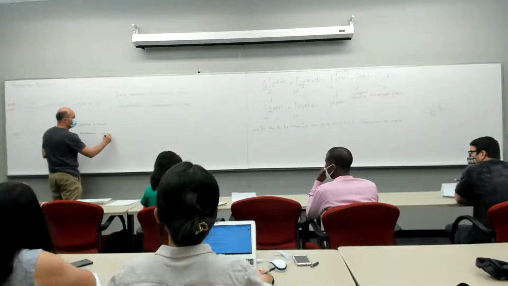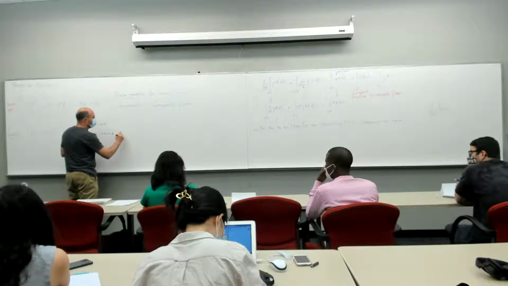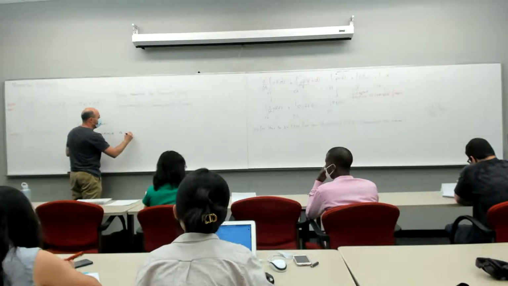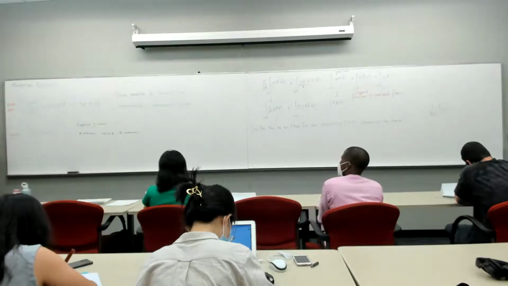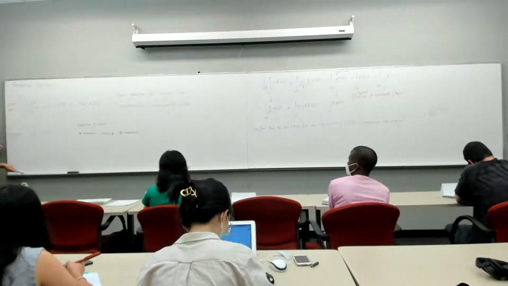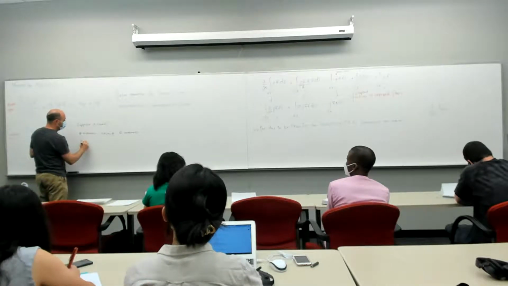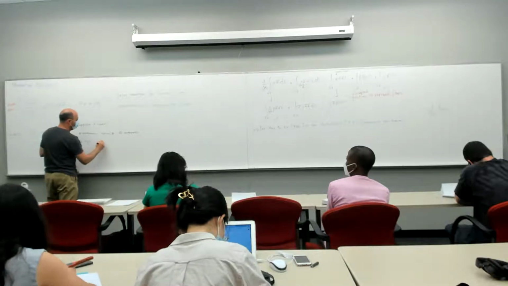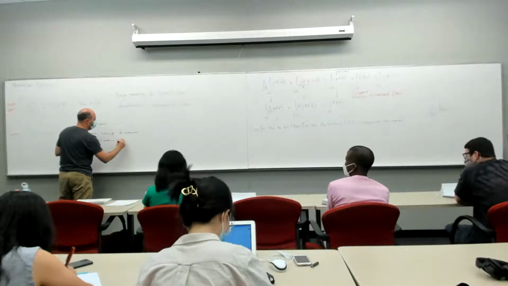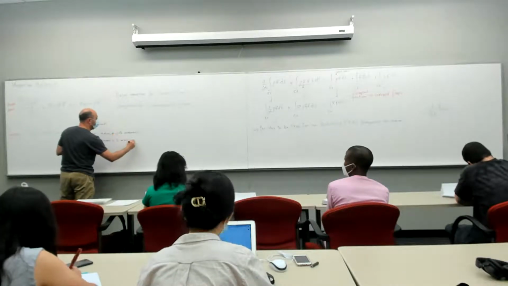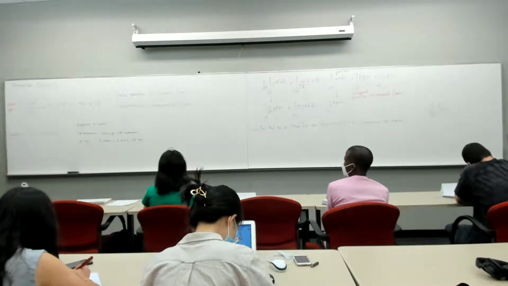Pressure. So you have 4 unknowns. How many equations do we need? 4. So this gives you 1, 2, 3, 4 equations: 3 momentum plus 1 mass equal 4 equations.